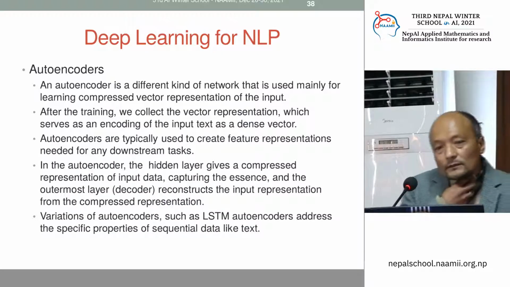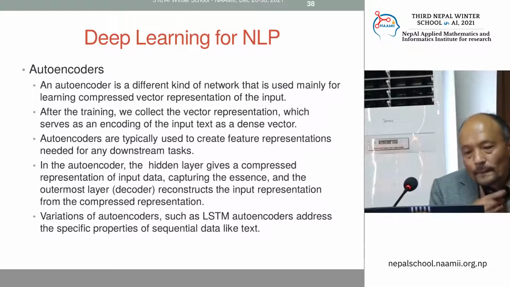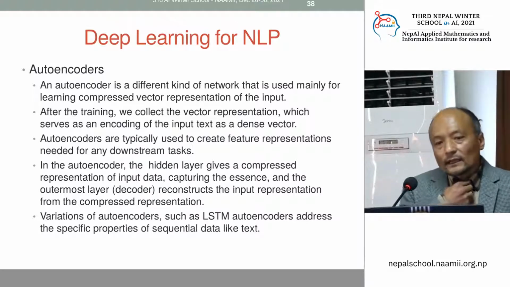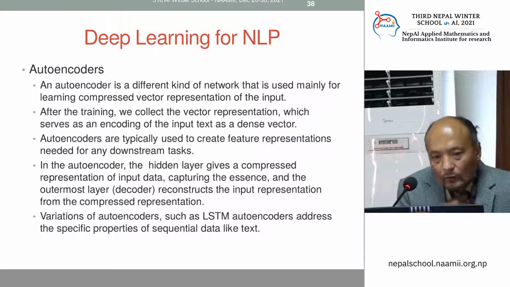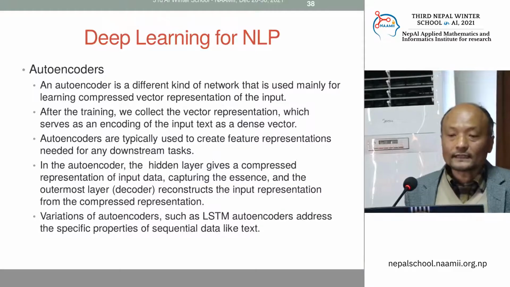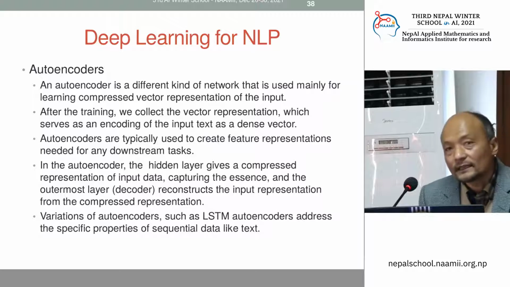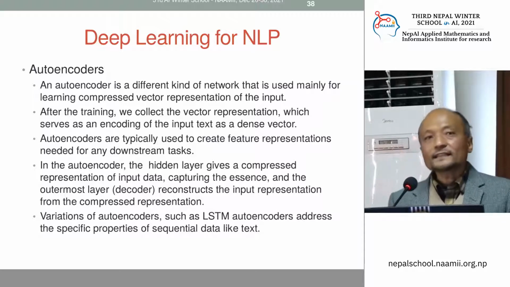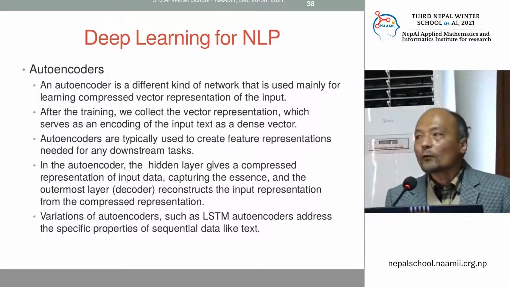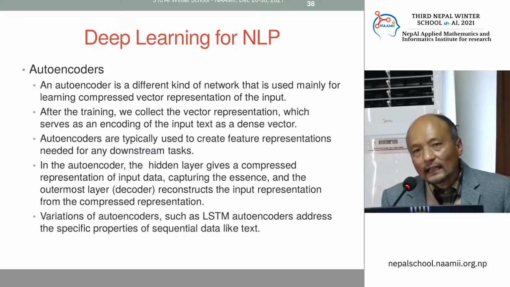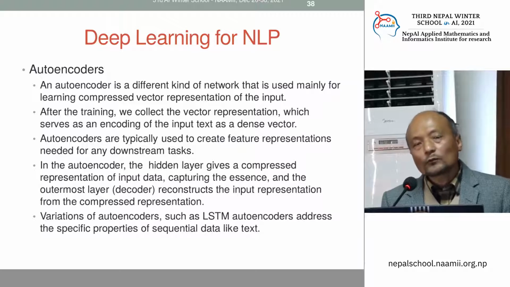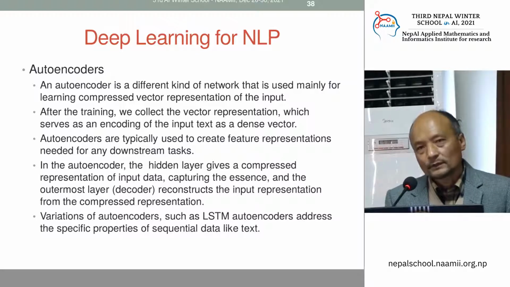Autoencoders are also something that has been increasingly used in natural language processing. An autoencoder is a different kind of network that is used mainly for learning a compressed vector representation of the input. One complexity about text processing is that each word in the text could potentially be a feature or an attribute.